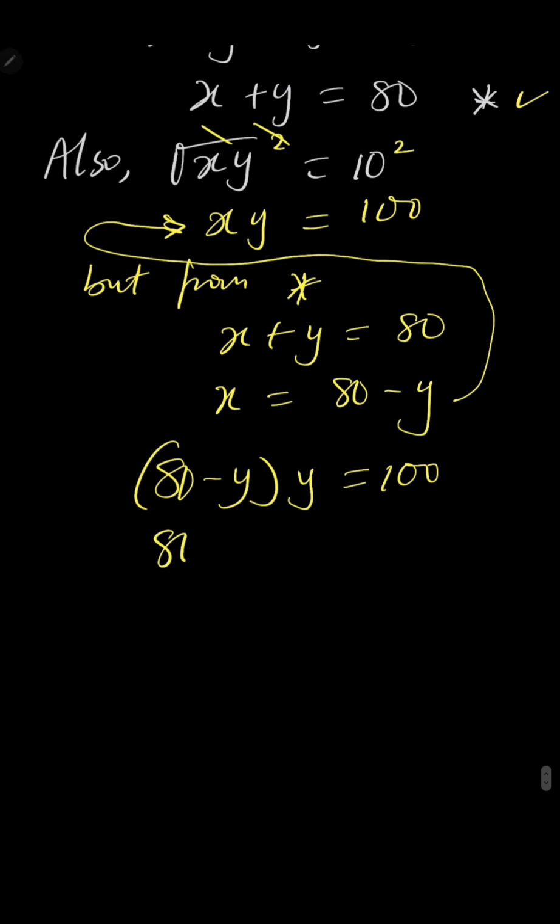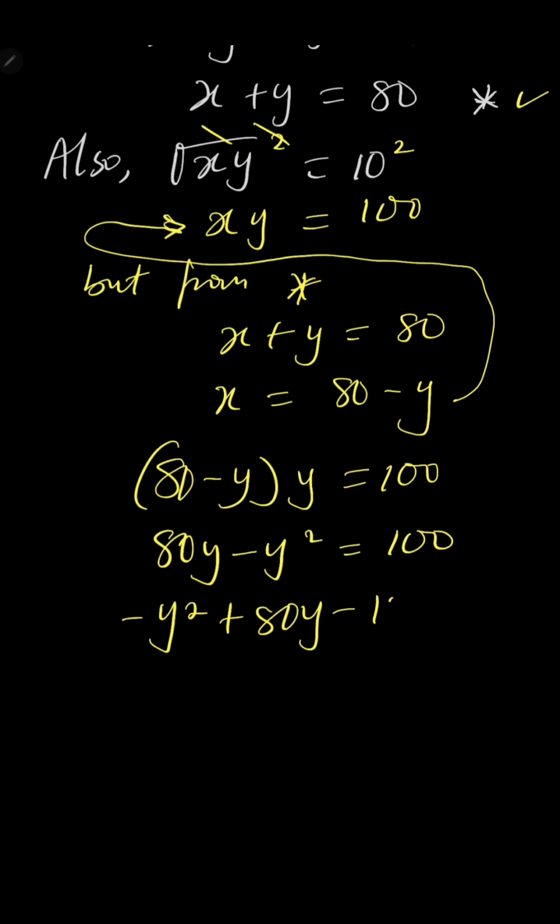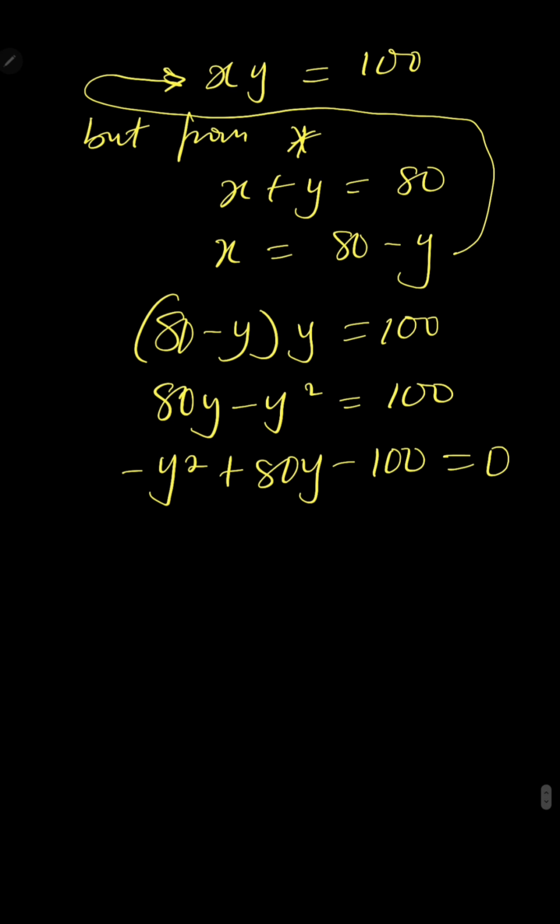So 80 times y is 80y minus y squared equal to 100. So minus y squared plus 80y minus 100 is equal to 0. So let me multiply everything by negative 1. I will have y squared minus 80y plus 100 is 0.